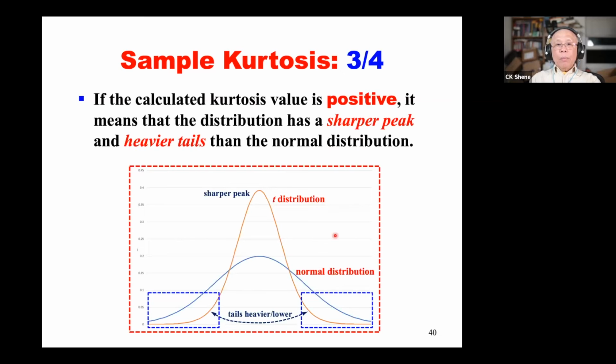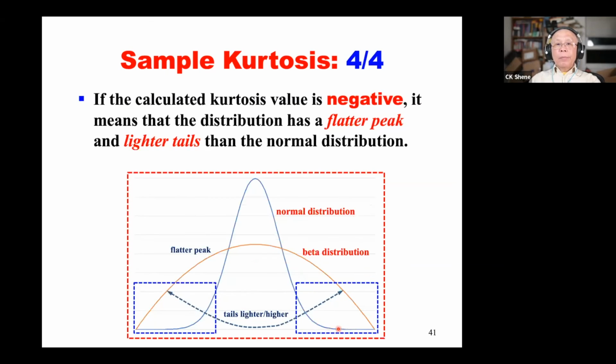For example, if the calculated kurtosis is positive, it usually means the distribution has a sharper peak and, as we usually said, heavier tails. So positive kurtosis has a sharper peak and a heavier tail compared with normal distribution. The peak of the normal distribution is lower than this one, and the tail of the normal distribution is higher than this one. And this distribution is a commonly seen distribution we call student T distribution.